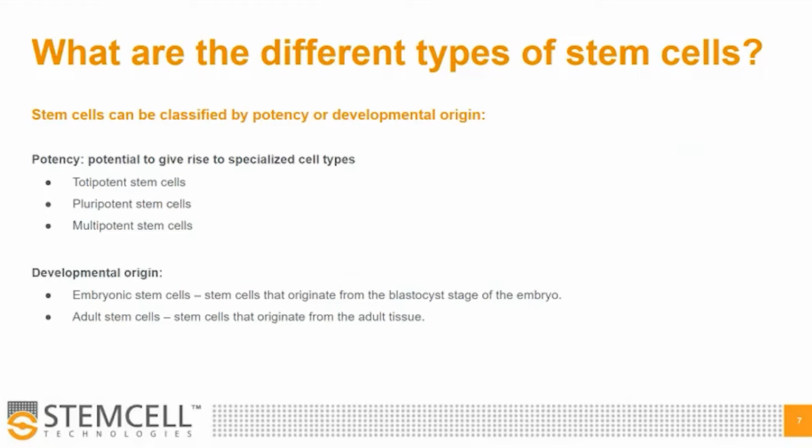Based on the developmental origin, we divide stem cells into 2 types: embryonic stem cells and adult stem cells. Embryonic stem cells are derived from a very early embryo, whereas adult stem cells are found in postnatal tissues, not only of the body, but also the umbilical cord at birth.